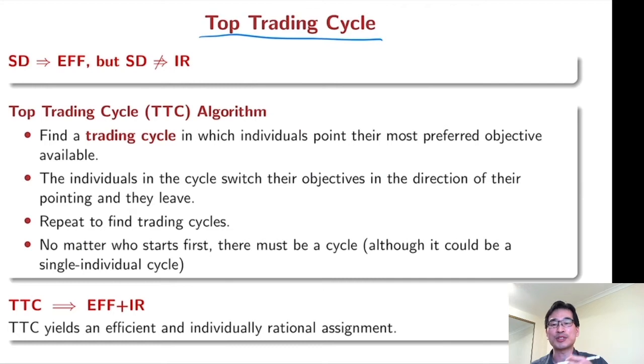Then the individuals in the cycle switch their objects in the direction of their pointing and leave. Repeat this to find trading cycles. No matter who starts first, there must be a cycle. And this algorithm gives us an efficient and individually rational assignment.